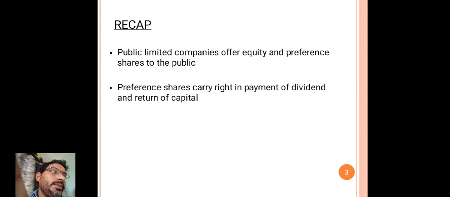Then after, the remaining amount will be declared as a dividend for the other shareholders in that financial year.